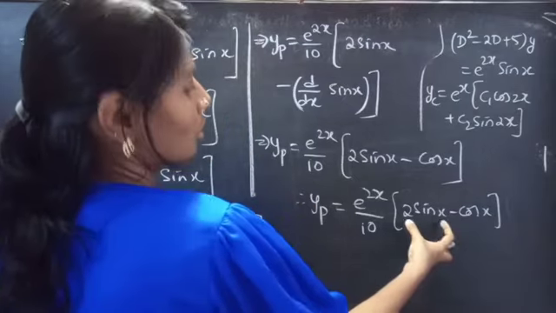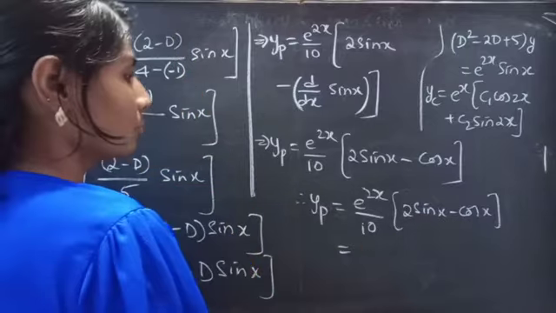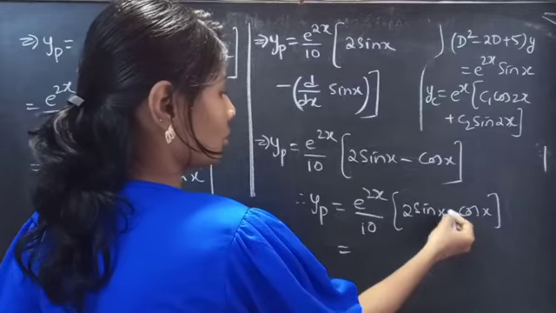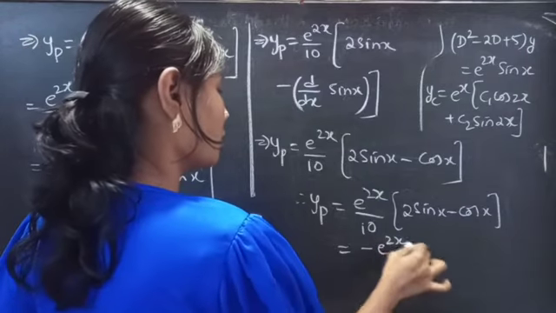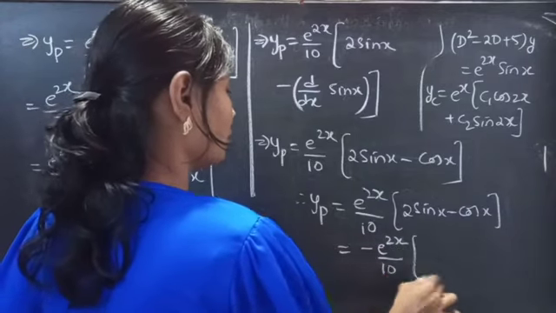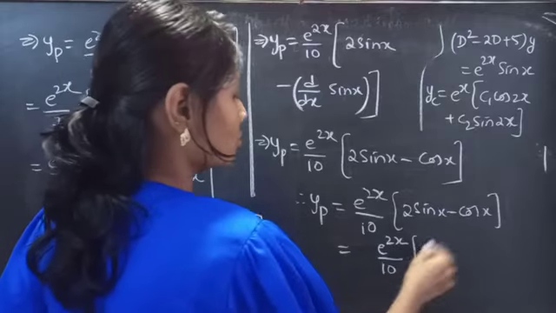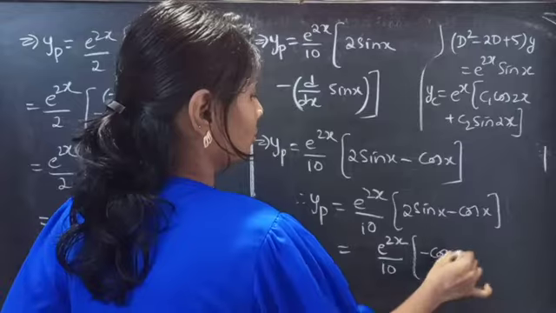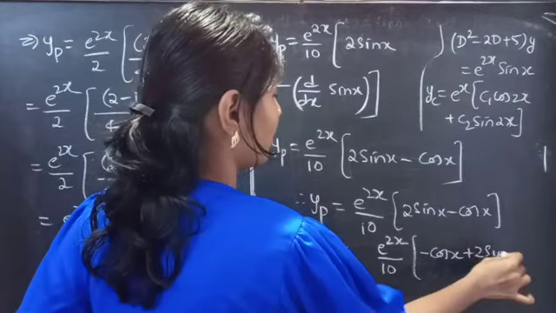or if you want to write the cos term first and sin term next, then simple. We need to take minus common. Or just don't take minus common. Firstly, just write minus cos x plus 2 sin x.